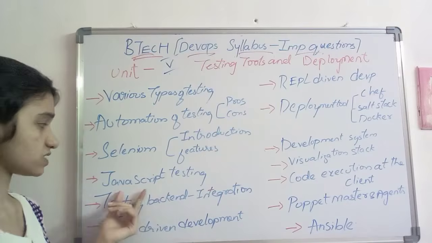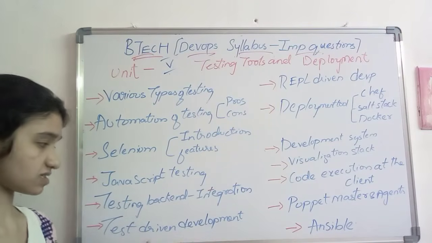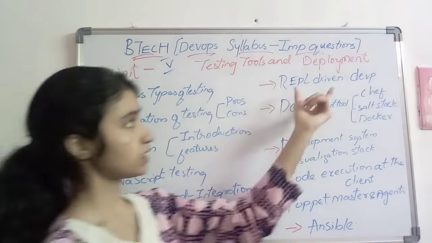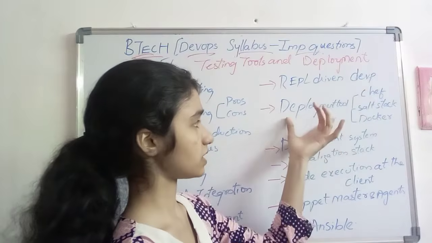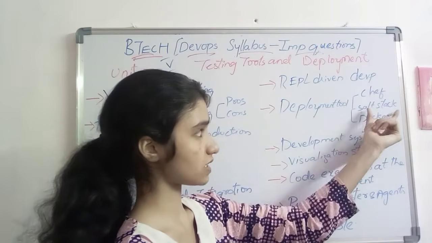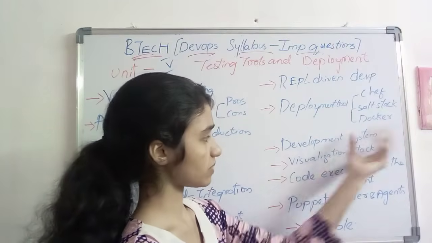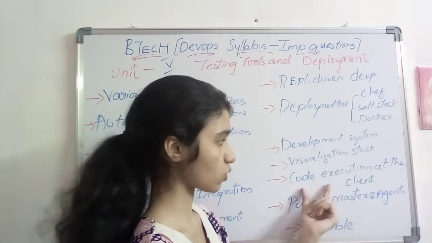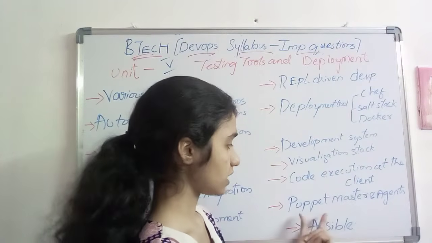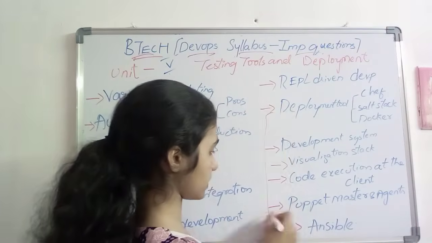JavaScript testing, testing backend integration, test driven development, REPL driven development, deployment, these are the topics that you have to cover. Then Salt Stack, Docker, development system, virtualization stack, code execution at the time, Puppet Master, Agent, and Ansible. So these are kind of relatable.